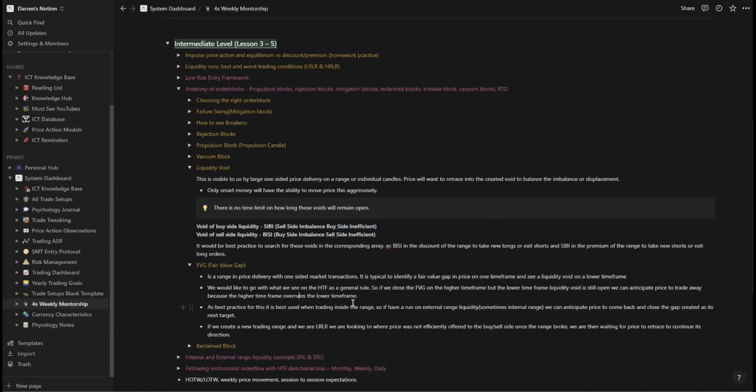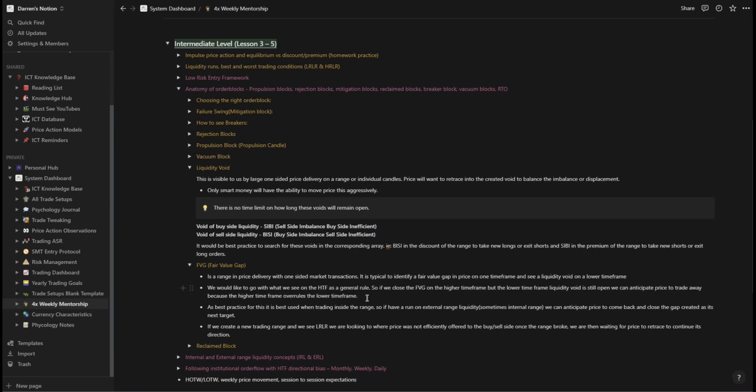And what we said over here about low resistance liquidity runs is that you can come and read all this information, but you should know most of it about the fair value gap. We would like to go with what we see on the higher time frame as a general rule. So if we close the fair value gap on the higher time frame, but the lower time frame liquidity void is still open, we can anticipate price to trade away because the higher time frame overrules the lower time frame.